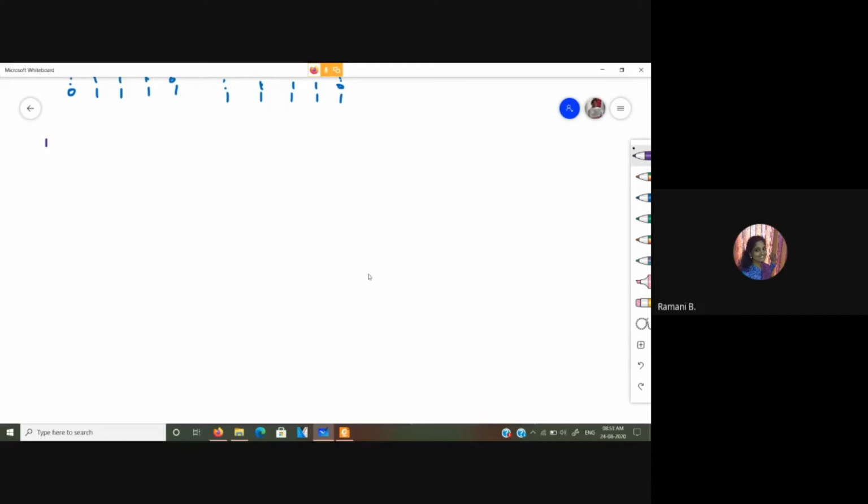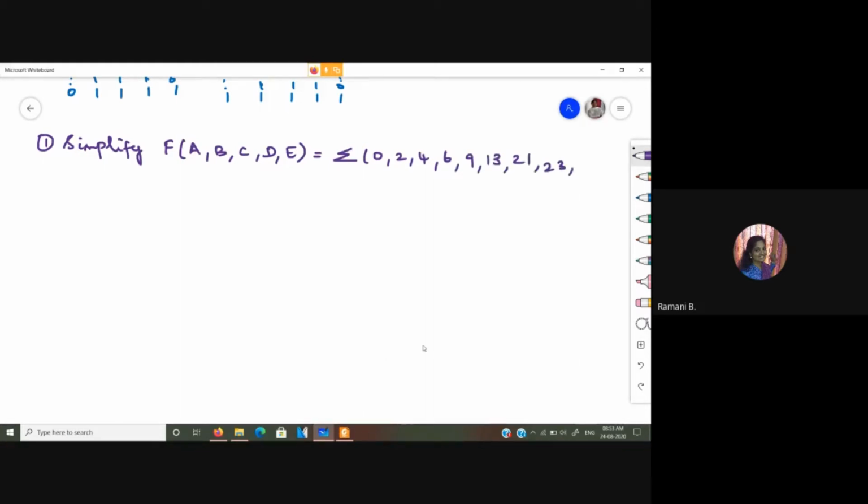Simplify f of a, b, c, d, e equal to summation 0, 2, 4, 6, 9, 13, 21, 23, 25, 29, 31.